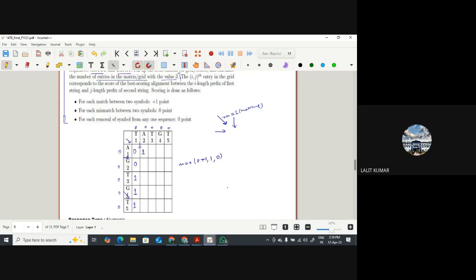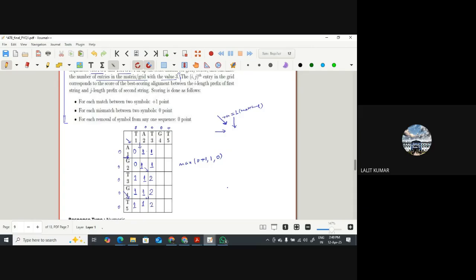This becomes the maximum of this, so it will become 1, 1, 1 and 1. Now T, it will take the maximum of this, 1, 1. And here now T is matching, so this will become 1 plus 1, 2. Here it becomes 2. And here also the T is matching, so this will become 1 plus 1 is equal to 2, and the maximum of 2 and 1 is 2.